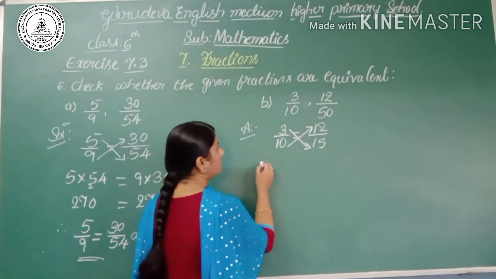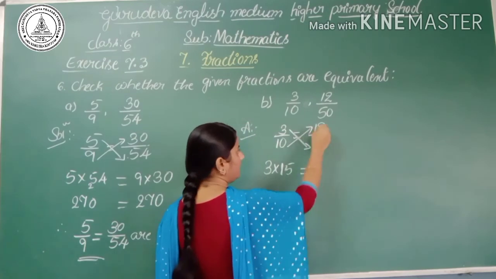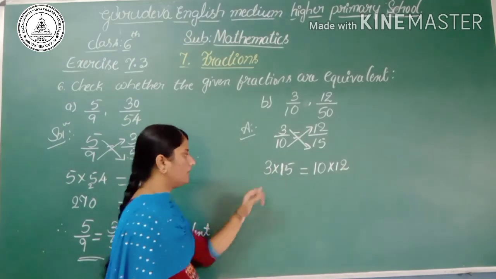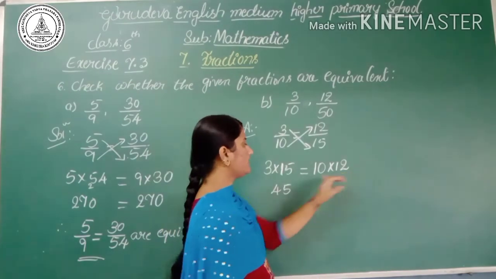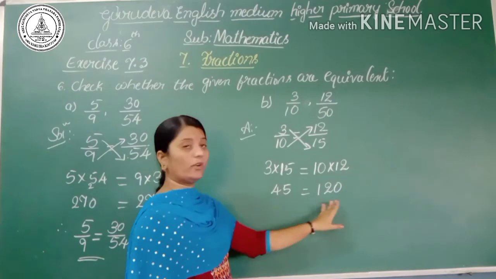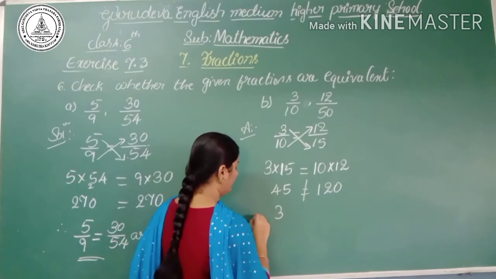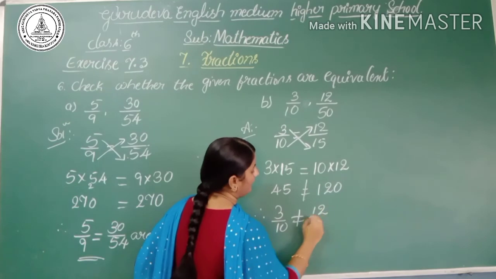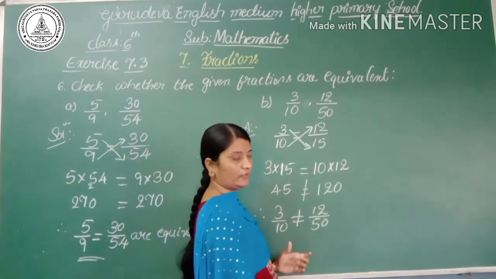So 3 into 50 equals 10 into 12. 3 15s are 45, and 10 12s are 120. You see here 45 is not equal to 120. So we can write, therefore 3 by 10 is not equivalent to 12 by 50. They are not equivalent to each other.